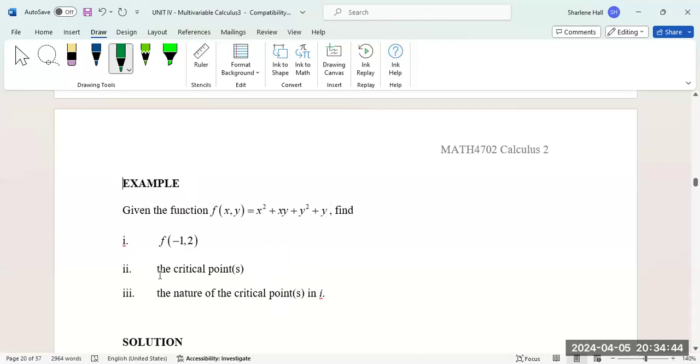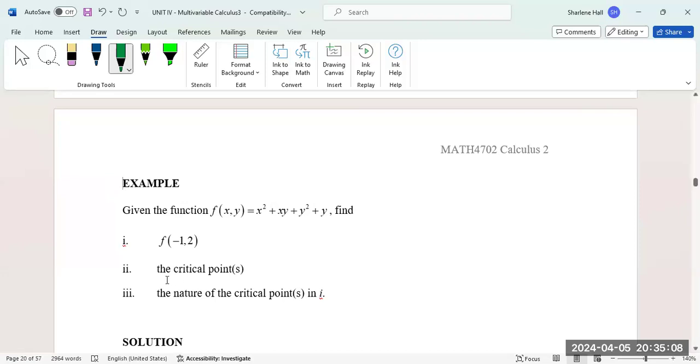Stop. If it says to find the critical points, what must we do first? You must first do the partial derivatives. How many of them? 6? 6 of them.